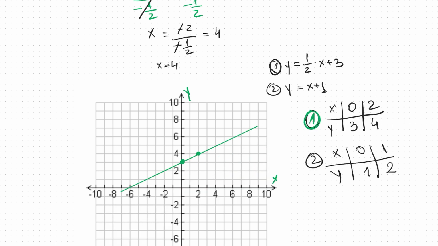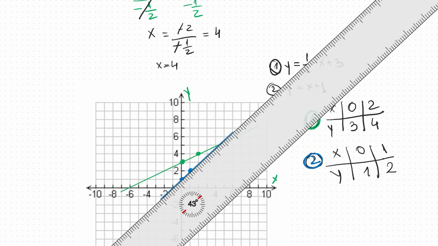And I'm going to do something very similar for the second equation. X is 0, y is 1 will be over here. And x is 1, y is 2 is going to be over here. And I'm going to once again get my line and draw it.